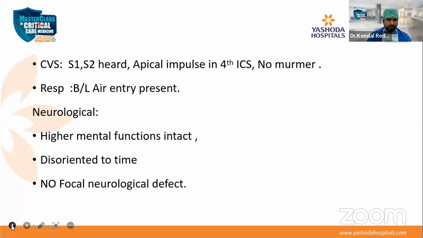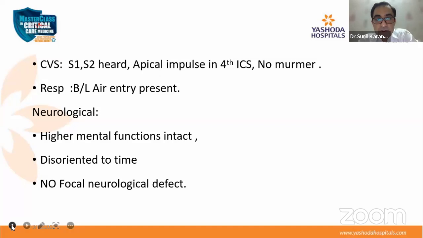In history, we can ask the occupational history, and any sexual history also we can ask. And if he is a chronic alcoholic, we have to look for parotid enlargement, loss of hair, gynecomastia, testicular atrophy, and muscle wasting.